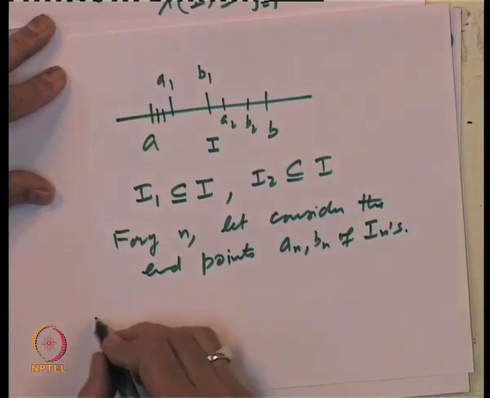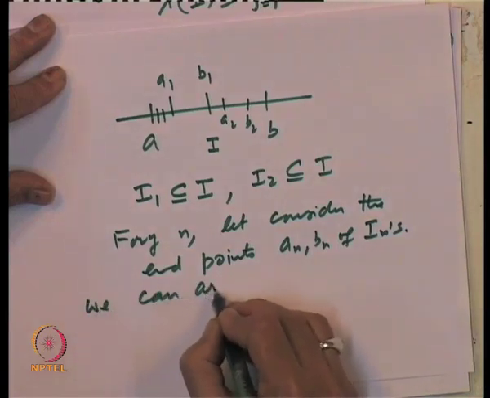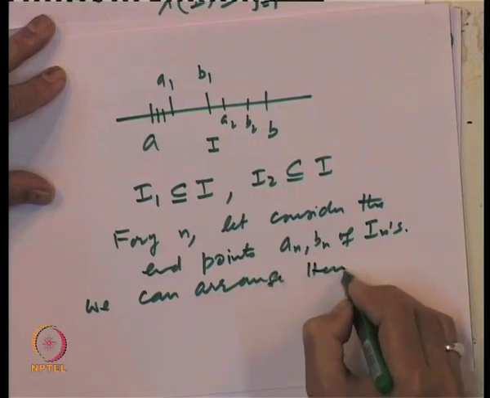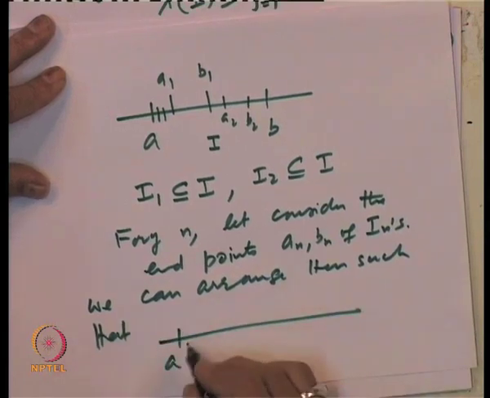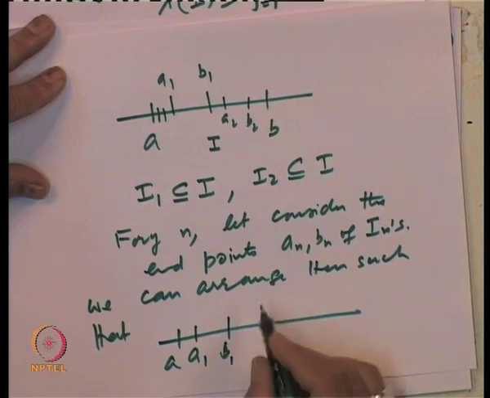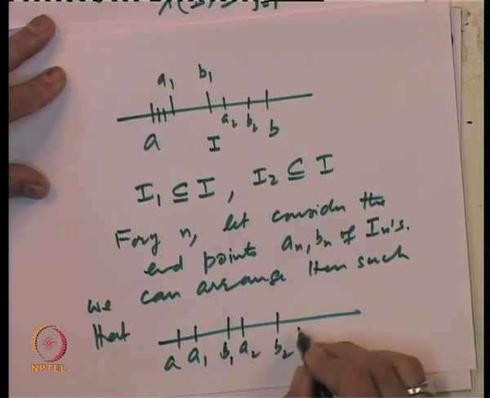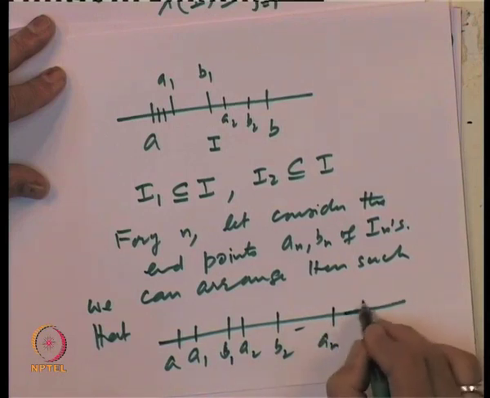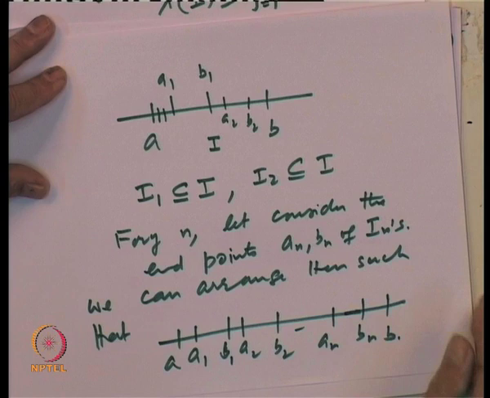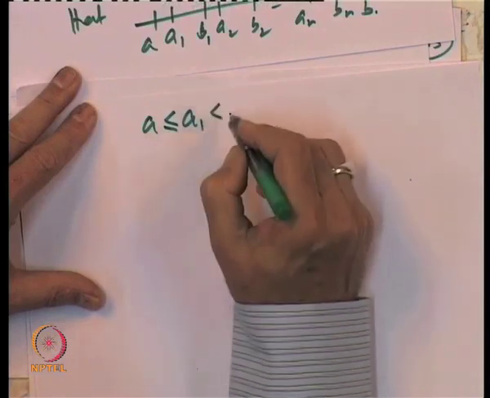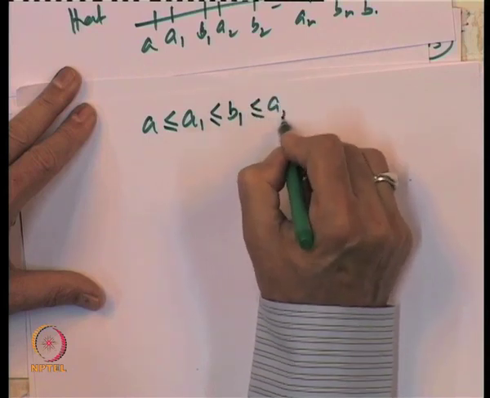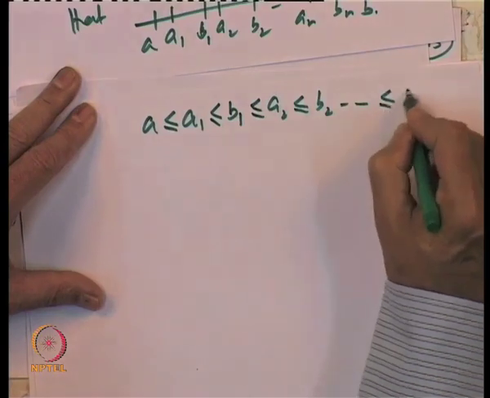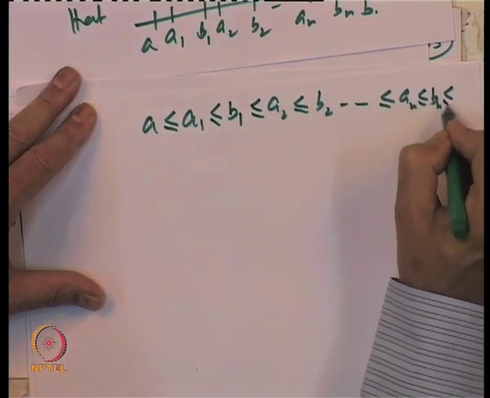There are only finitely many of them, so we can arrange them such that here is A, here is A 1, here is B 1, here is A 2, here is B 2, and so on, here is A n, and here is B n, and here is B. That means we can arrange them in such a way that A is less than or equal to A 1, less than or equal to B 1, which is less than or equal to A 2, less than or equal to B 2, and so on, less than or equal to A n, less than or equal to B n, which is less than or equal to B.